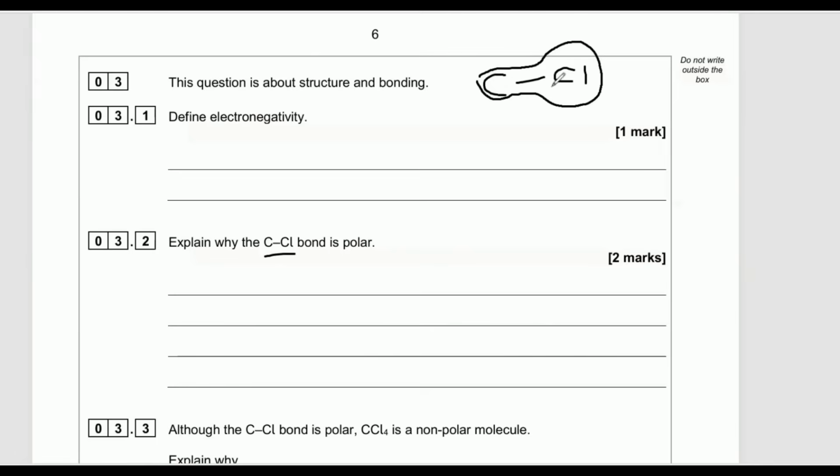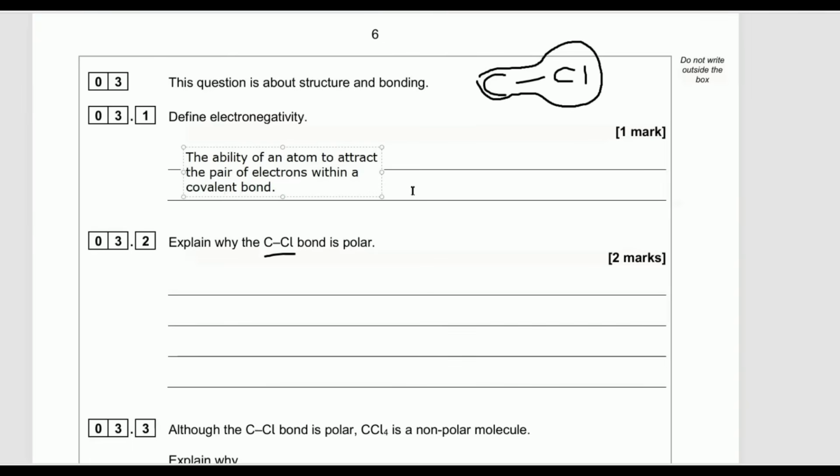At any one second, the electrons within that covalent bond are more likely to be closer to the chlorine atom than they are to the carbon. And so that creates a polar bond. And how do we define that? We can say it is the ability of an atom to attract the pair of electrons within a covalent bond.